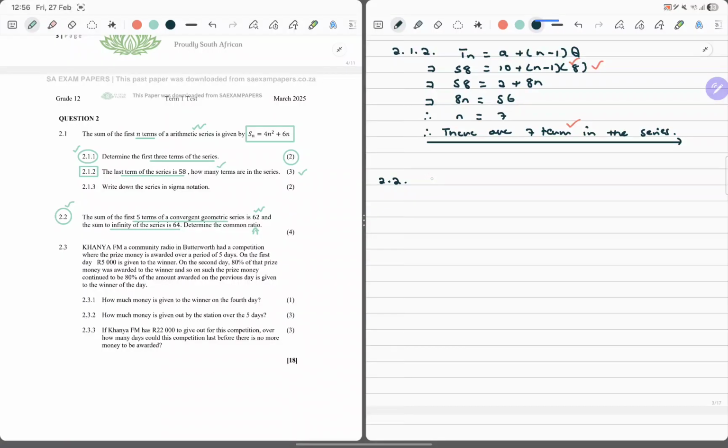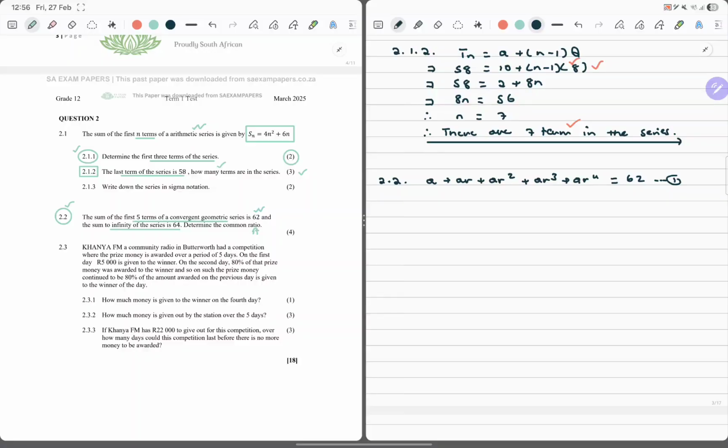We are told here that A, remember in a geometric series, the first term is A, plus AR, that's the second term, plus AR squared, that's the third term, plus AR cubed, fourth term, plus AR to the 4. This is equal to 62. Okay. Well, you can make this equation 1.